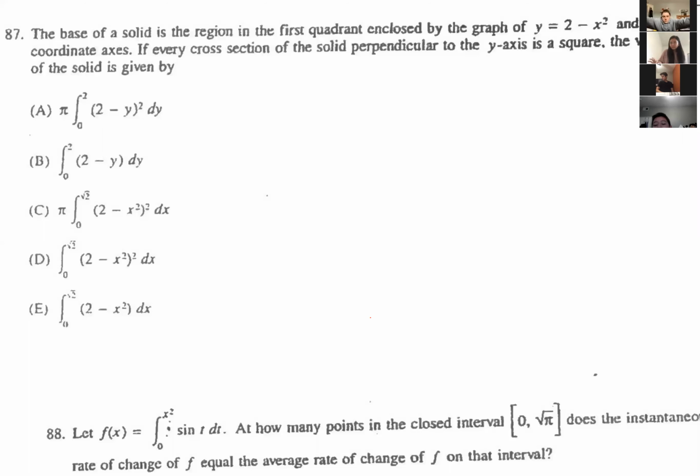All right, so 87. This was a cross-section problem, so I'm going to draw a sketch of the graph. It's 2 minus x squared.